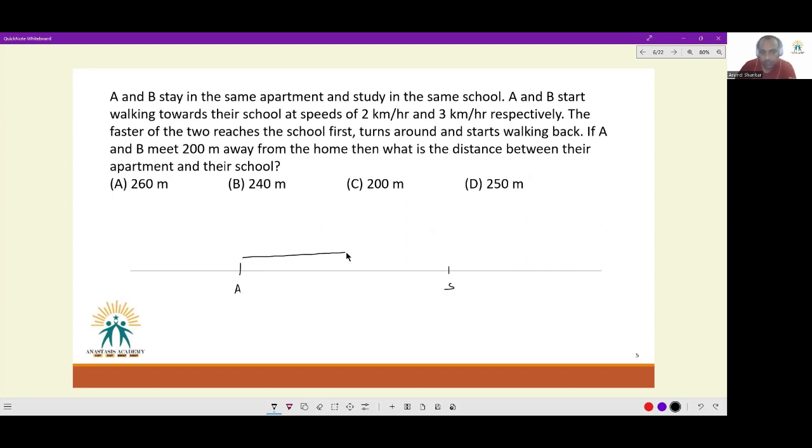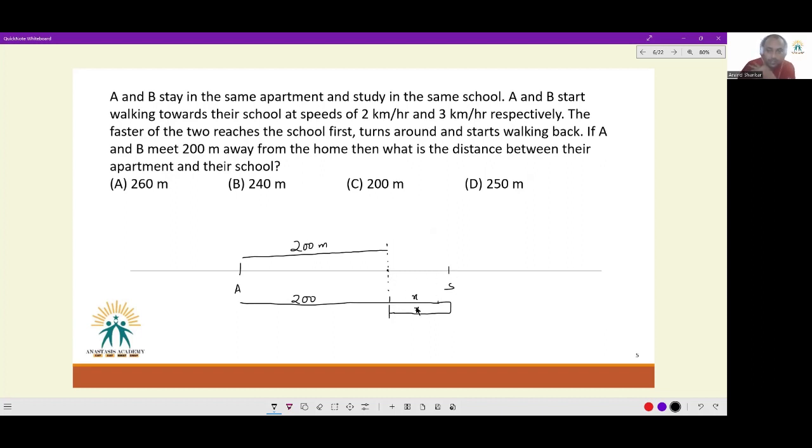Now the slower guy is walking this way and the faster guy is walking. He reaches school and starts traversing back. Let's say this is where they meet. Now understand, this is 200 meters. The faster guy has traveled 200 and x more, with x meters from the meeting point to the school.